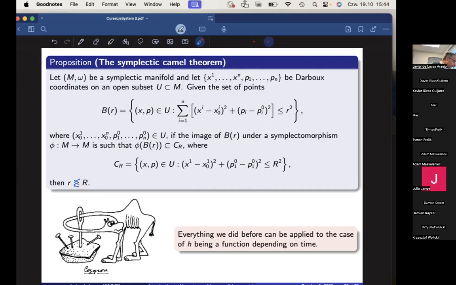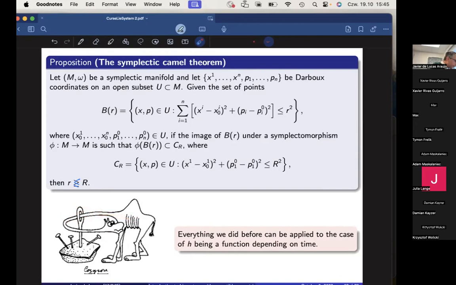And this is related to the biblical passage where it was said that it's more difficult for a rich man to enter heaven than for a camel to go through the eye of a needle. This inspired the name symplectic camel theorem, because it's telling you that if you have a camel, imagine a ball with radius r, and you try to pass it through the hole of a needle, which is some kind of cylinder, if the cylinder has a radius small enough, you will not be able to put the camel inside of it.